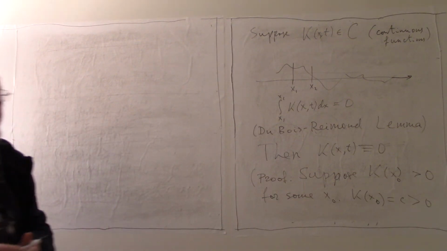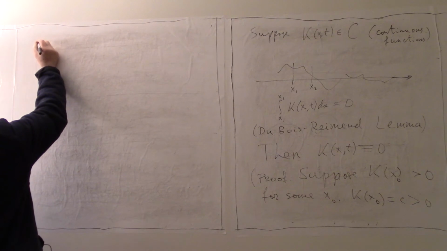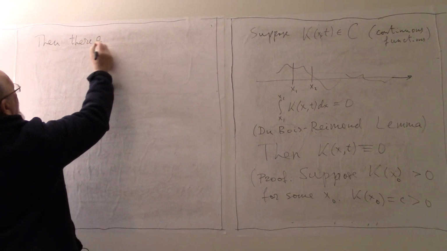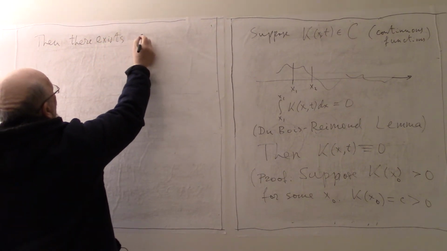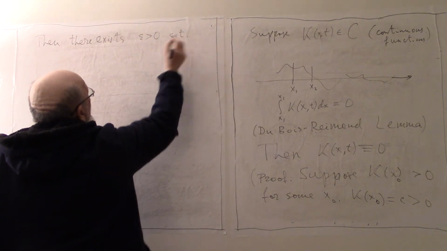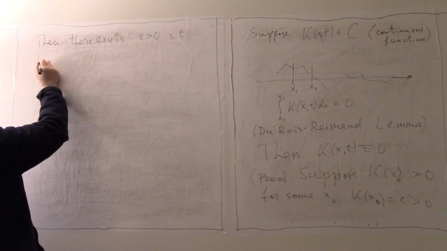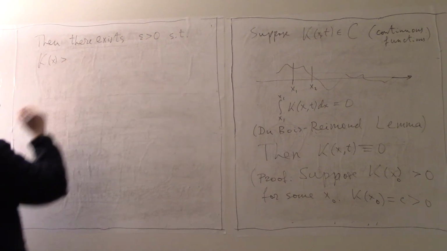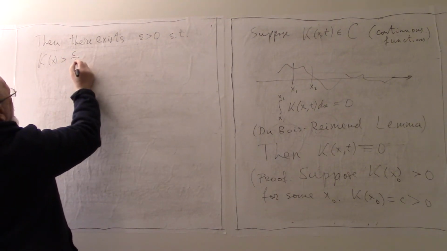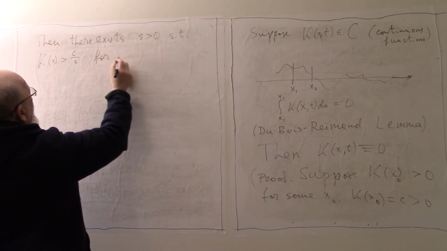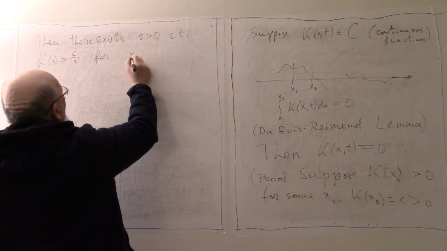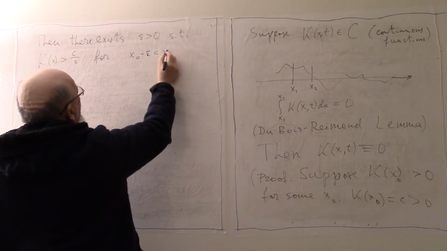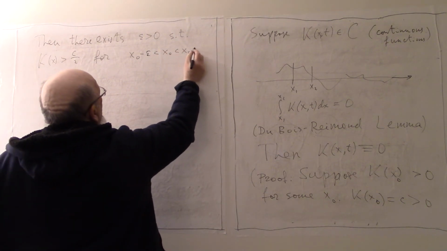Then by the definition of continuous function, there exists epsilon such that k of x is more than c over 2 for x0 minus epsilon less than x less than x0 plus epsilon.